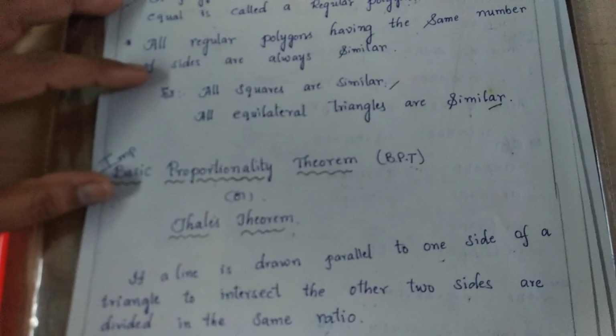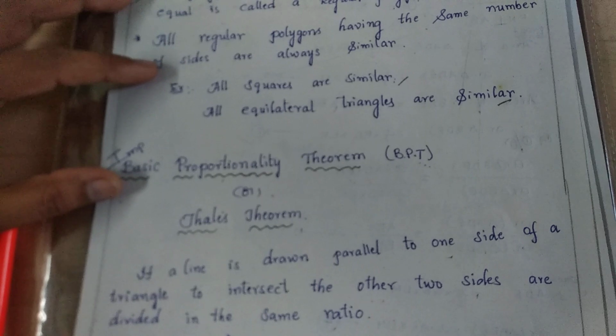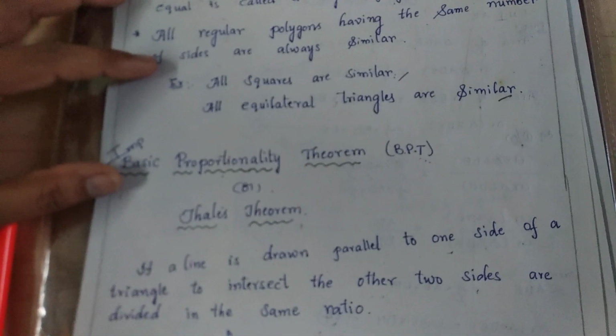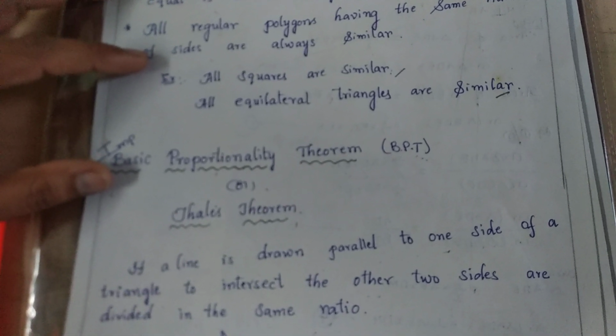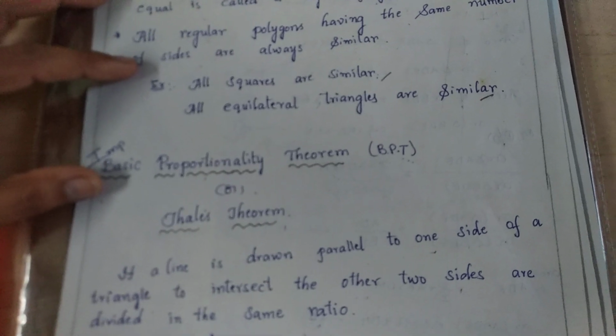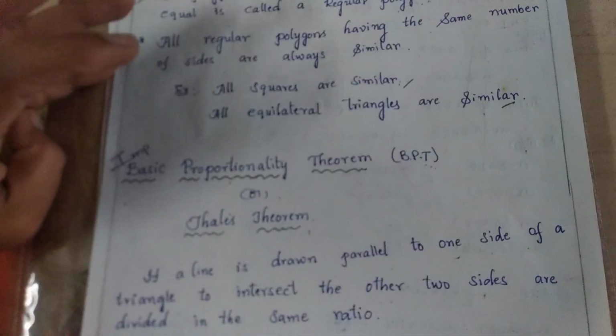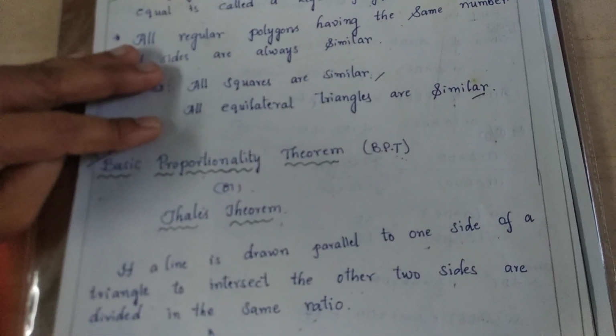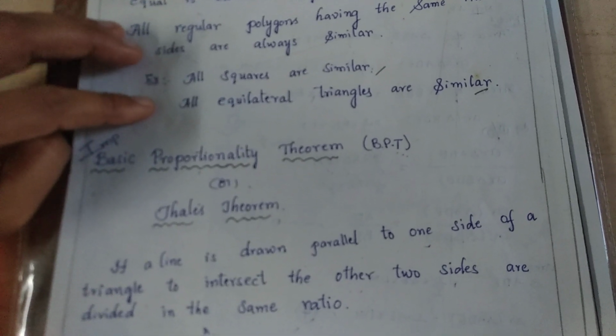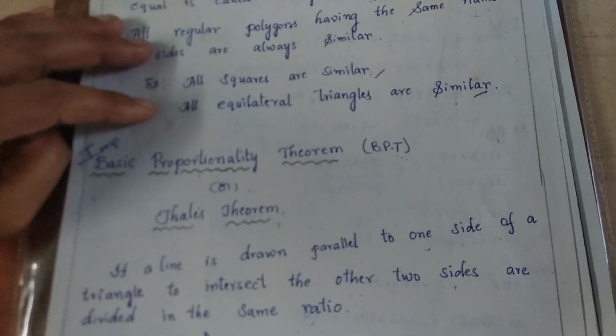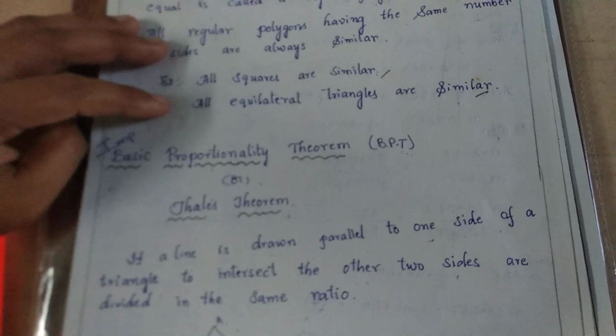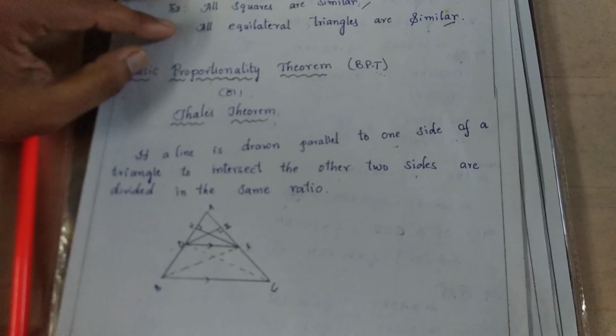In proving any theorem, we should maintain 5 points. What are they? Statement, given, prove that, construction and proof. These 5 points are maintained.